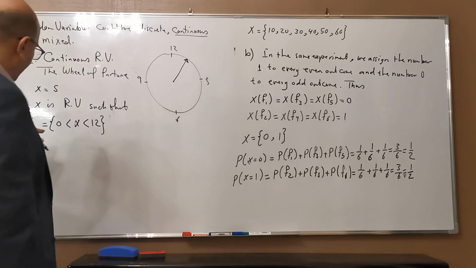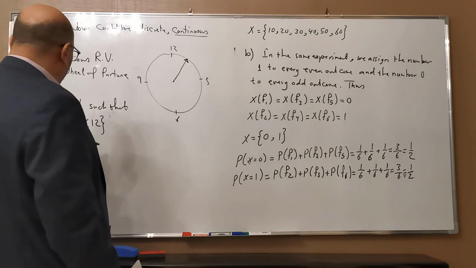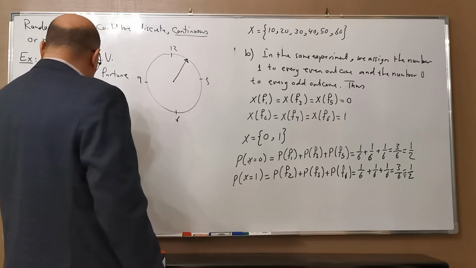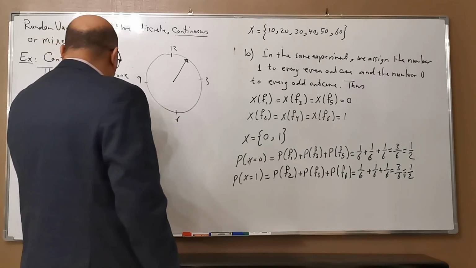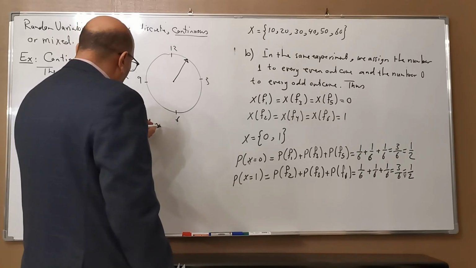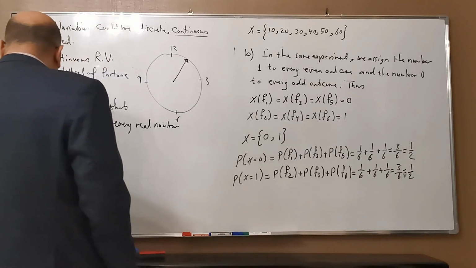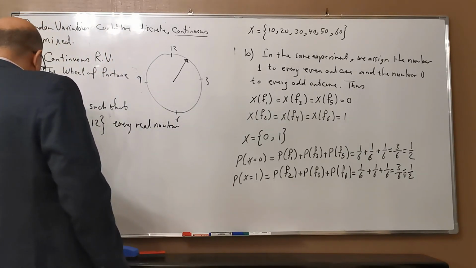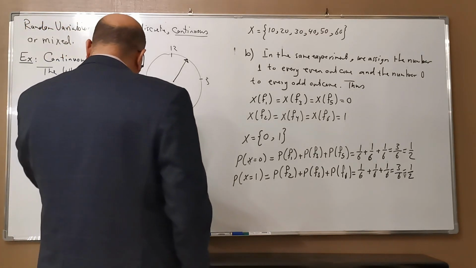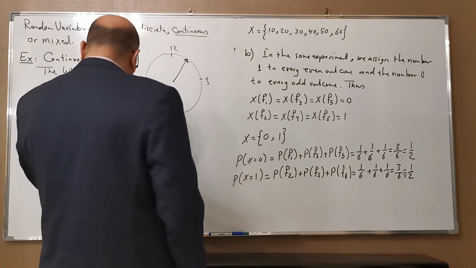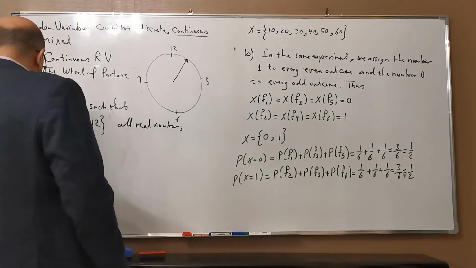So our random variable x between 0 and 12 is continuous, which means that every real number is equally likely.